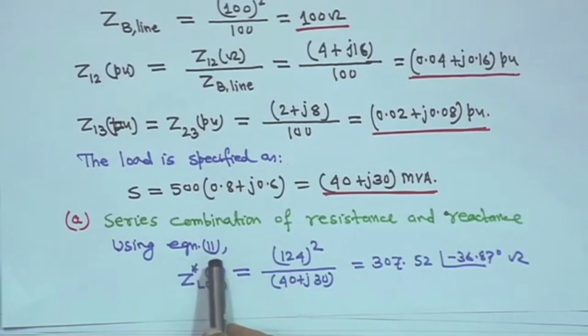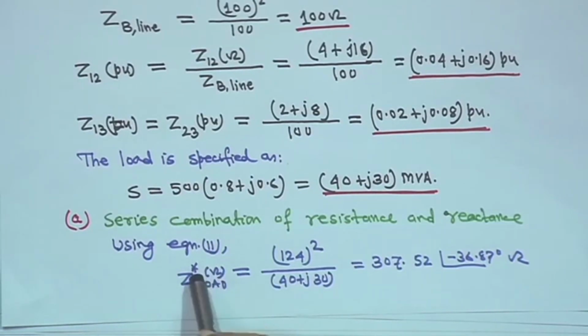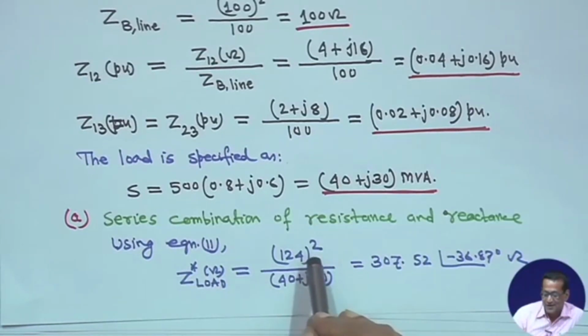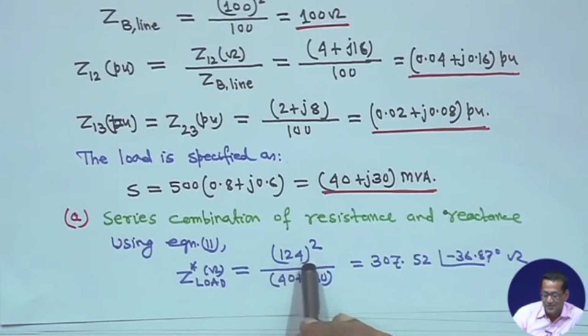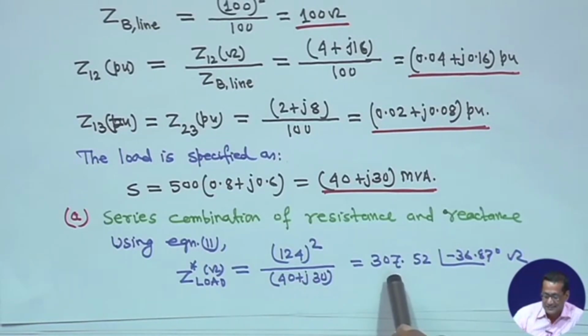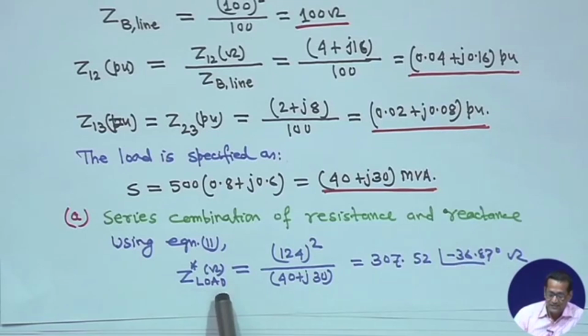So, use equation 11. Z star load, that is the conjugate, in ohmic value is based on your base voltage. The load voltage was given as 124 kV in the data. So it is 124 square divided by 40 plus J30, that is 307.52 angle 36.87 degree ohm, that is the Z impedance.